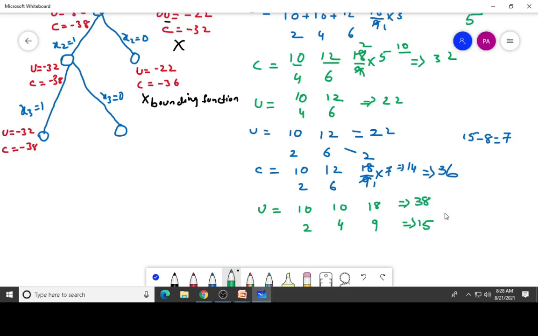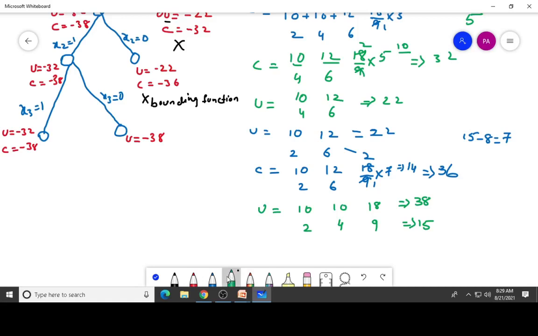So here if we don't add the item number 3, then what is the value you are getting for the upper? For the upper, U is equal to minus 38. Okay, and what is the C?